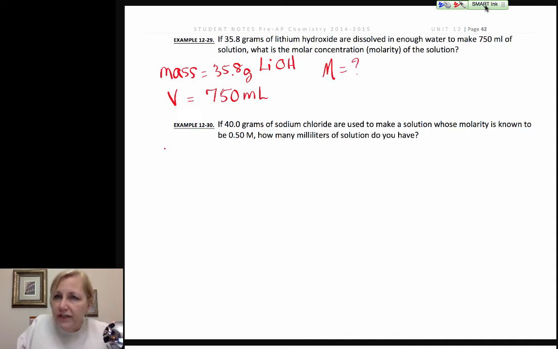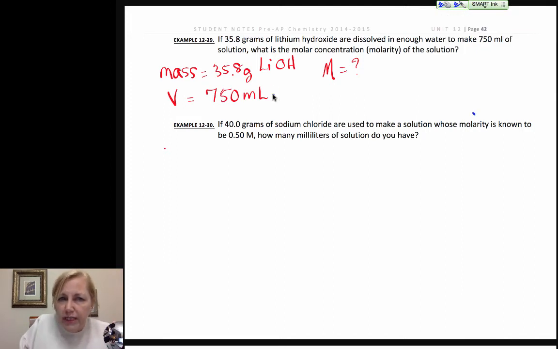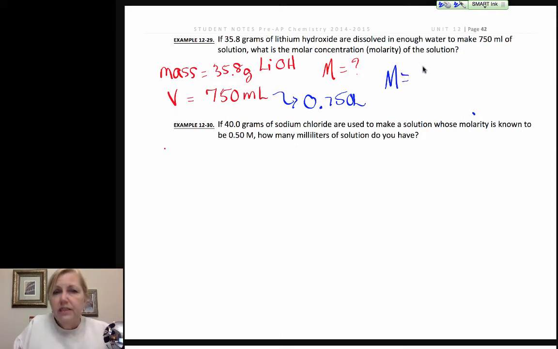Well, list your givens. Your next step is to check your units. I have to have liters, so be a good idea for you to show me that work in dimensional analysis. I'm going to save time and just write it down. I'm going to then substitute and solve. So list your givens, check your units, substitute, solve. I'm going to put my mass over my molar mass.